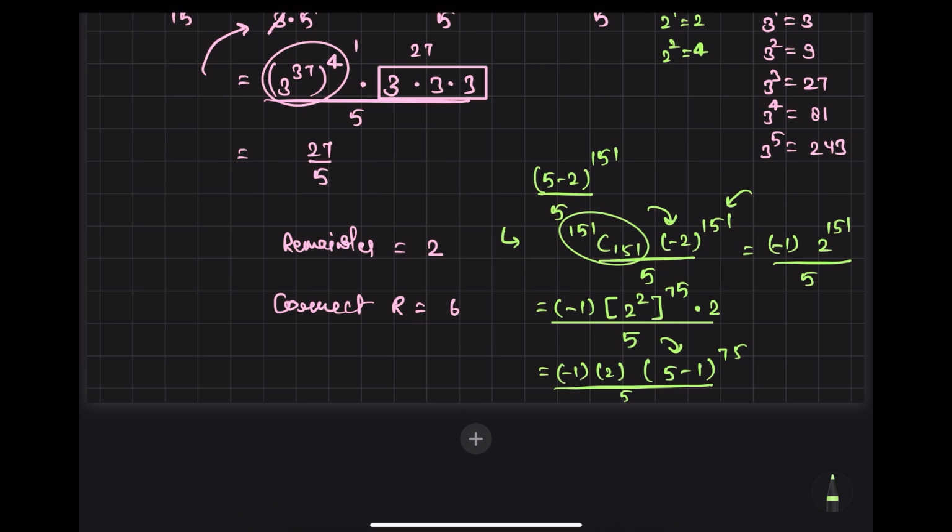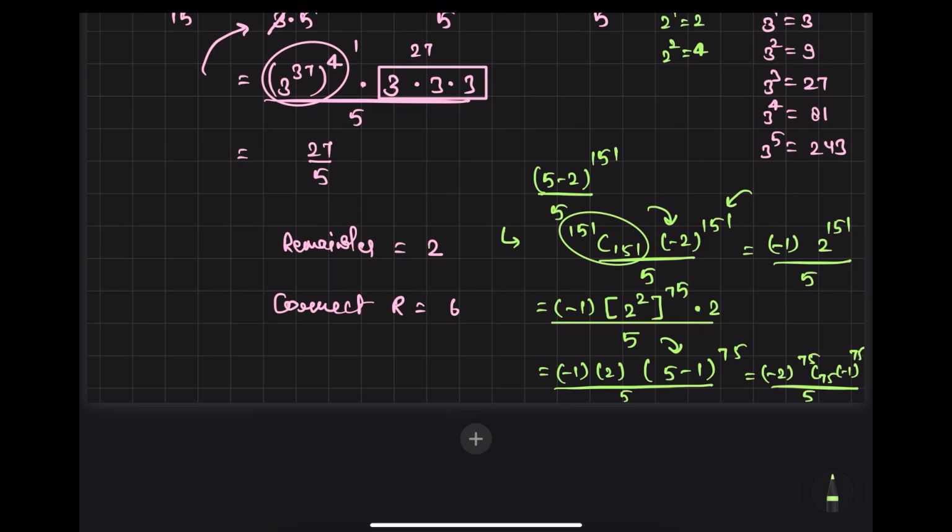Now let's focus on this part. It is 5, so the element which carries 5 will be completely divisible by 5, and the element in which 5 is not there will contribute to the remainder, and it is the last element. So minus 1 into 2 is minus 2, and the last element is 75C75 into (minus 1) power 75 by 5.